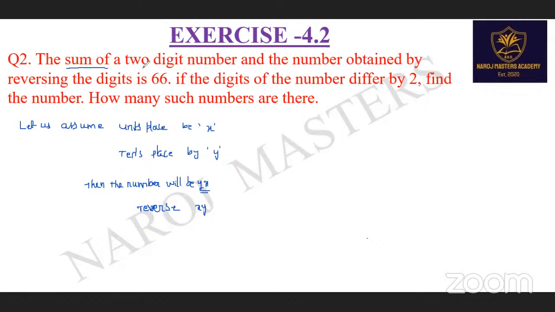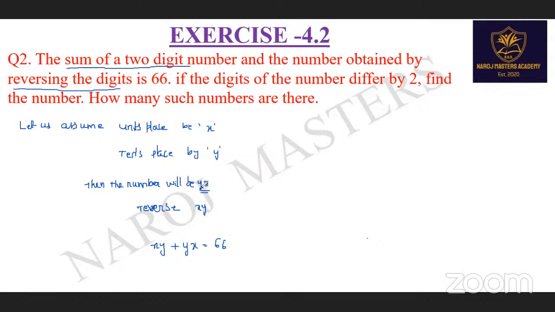Then what is given in the question? The sum of the two-digit number and the number obtained by reversing the digits is equal to 66. So xy plus this first number, that is yx, is equal to 66.